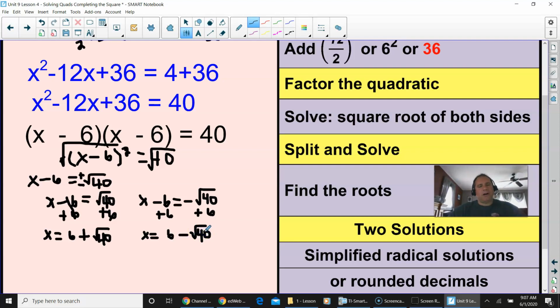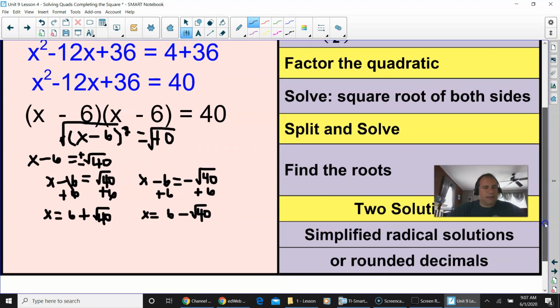Okay, so you have to simplify the radicals, right? And if you watch the video that I did on simplifying square roots that are not perfect squares, you'll know how to do this. If you don't, then I will go through a really quick simplification problem here.